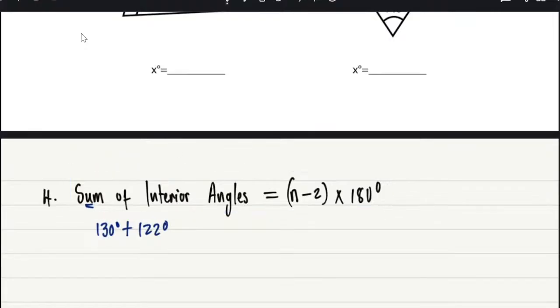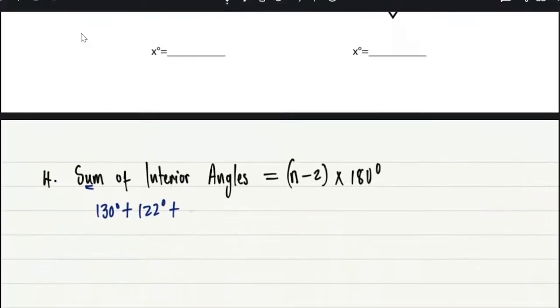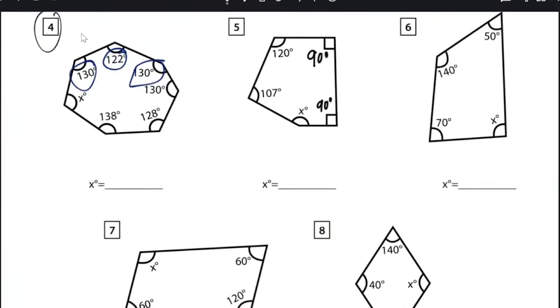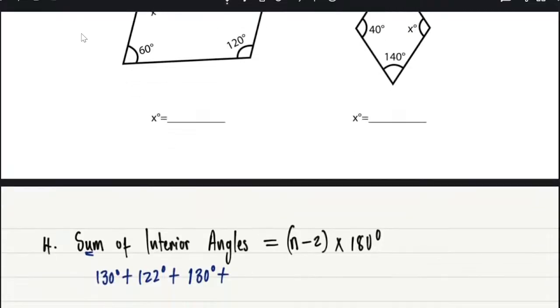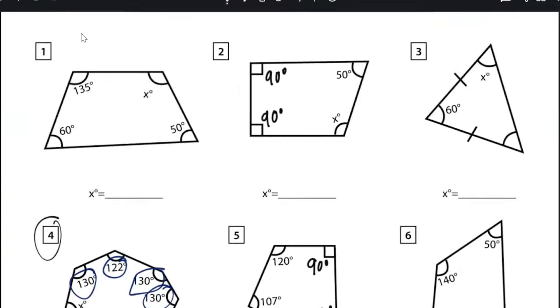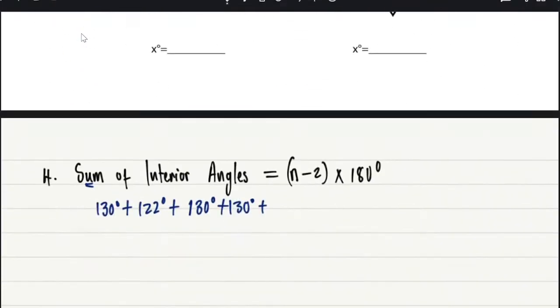For number 1 up to 8, I want to see you writing that. Plus 122 degrees. Plus the next one, 130 degrees. Plus we see another 130 degrees. Plus you move back, you see 128 degrees.